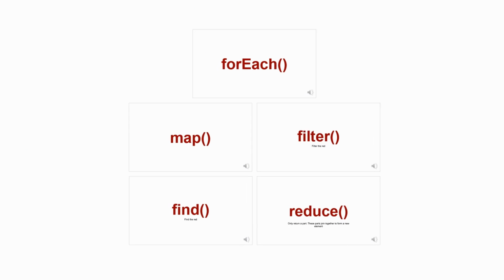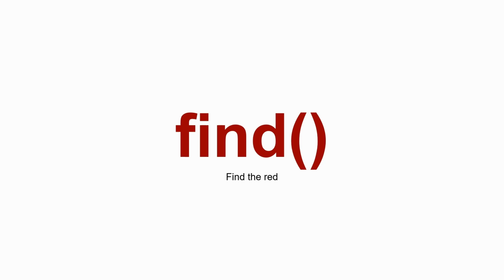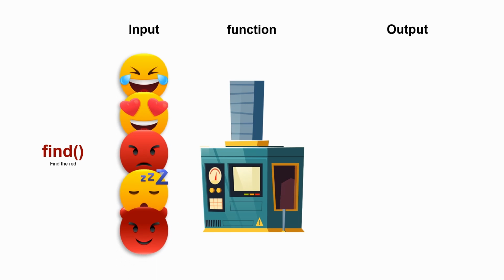Now it's time to look at the find function. It is quite similar to the filter function with one single difference, and that is the find function will stop executing the function whenever it returns a true. Let's see it. We are supplying the same array of emojis here.